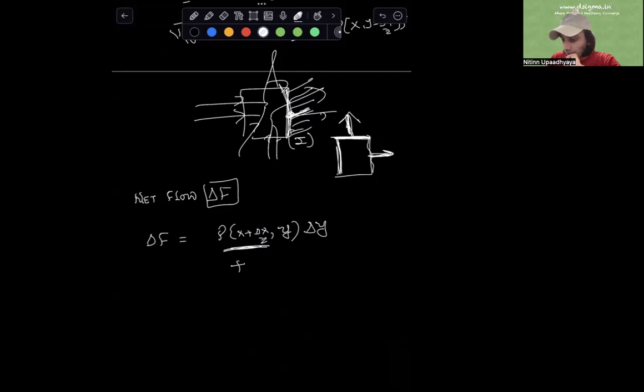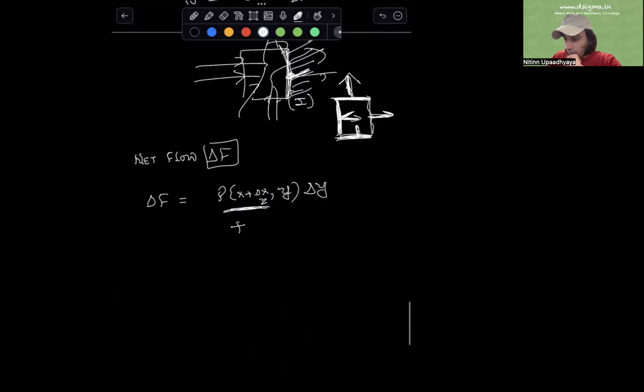Similarly, here would be this component times the length, and along here would be this component times the length. Okay, so for segment 2, it'll be Q. That's the component which will carry the flow across the segment, but Q is defined at x comma y plus del y by 2, and the length of the segment there is del x, right?